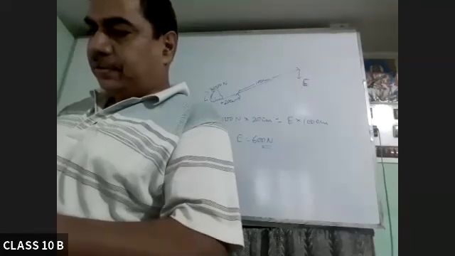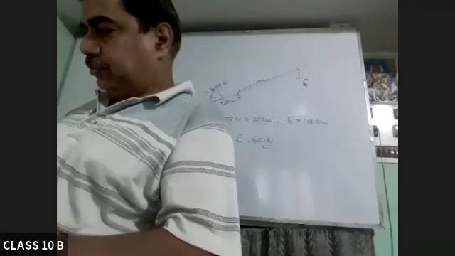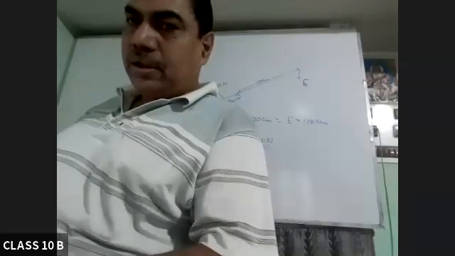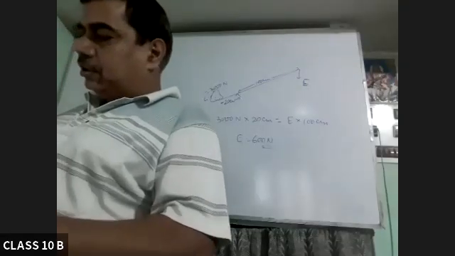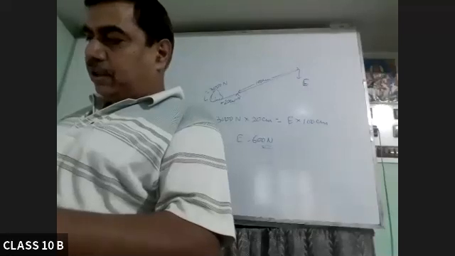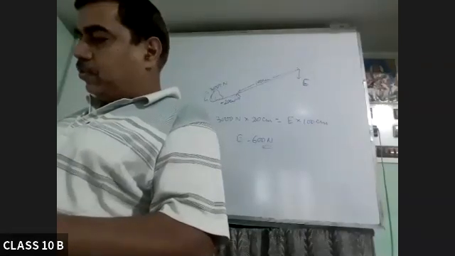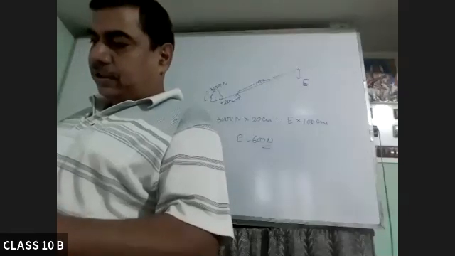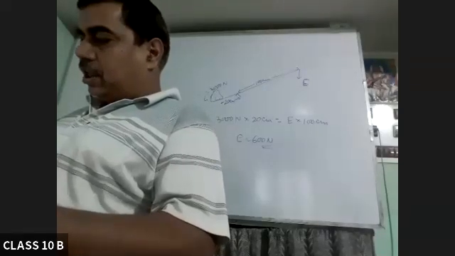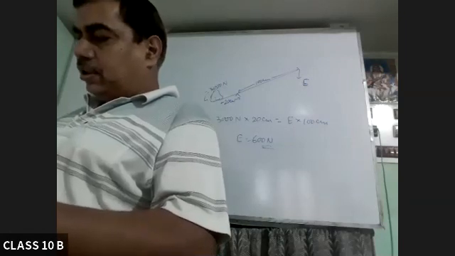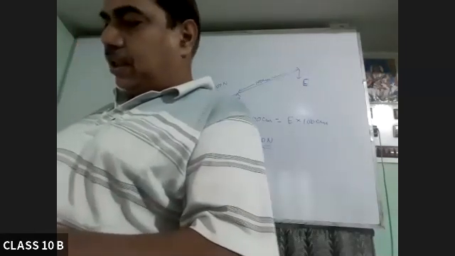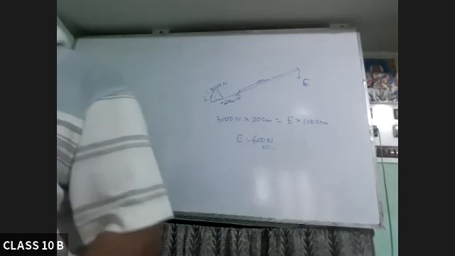Yes, which number? 15, sir, page 282. 200 gram of ice at 0 degree converts into water at 0 degree Celsius in 1 minute when heat is supplied to it at a constant rate. In how much time will 200 gram of water at 0 degree Celsius change to 20 degrees Celsius? Specific latent heat of ice is this much. Okay. So first you find how much heat is required.